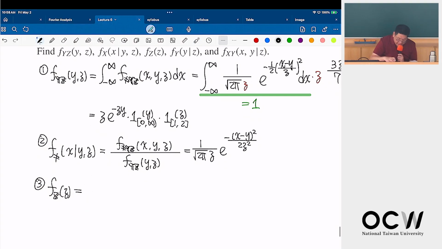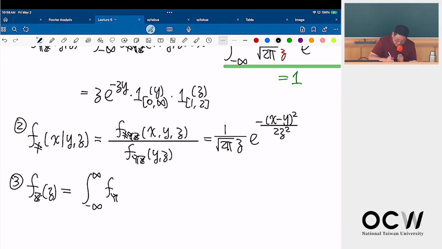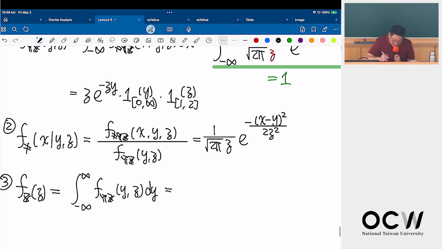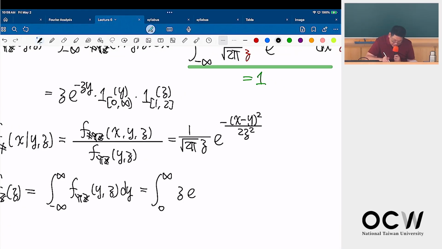So I have the joint PDF of y, z, and since I want to find the PDF of z, I don't want y. So I take dy, and since y is from 0 to infinity, here 0 to infinity, z times e to the minus zy dy.